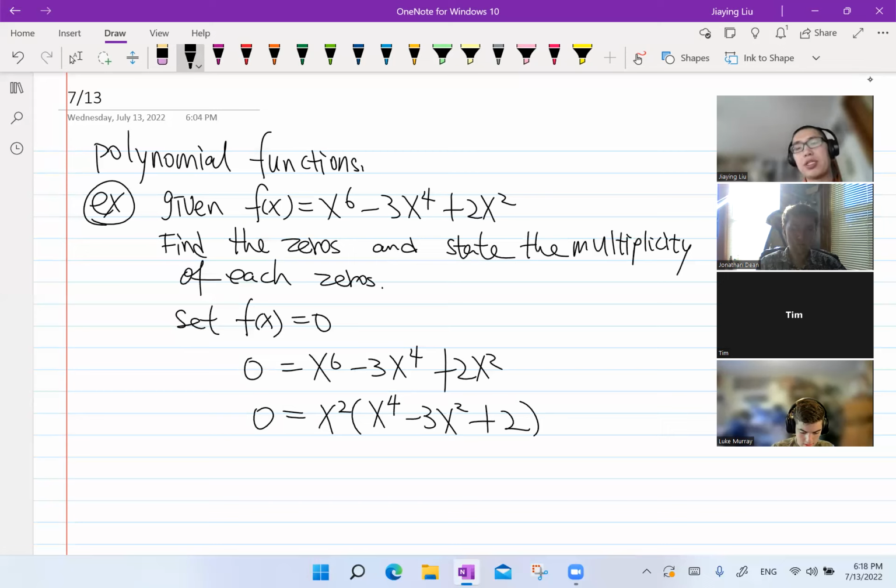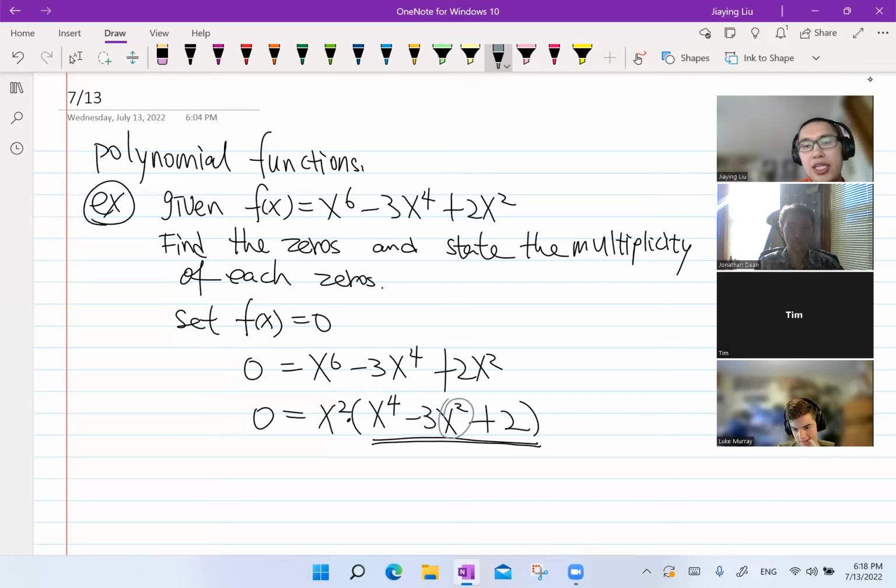This is a good thing because we have a product equals 0, which means one of them is 0 or both of them could equal 0. But the question is, can we factor further? It turns out that in the second part, here we have an x squared, then we have x to the 4th.